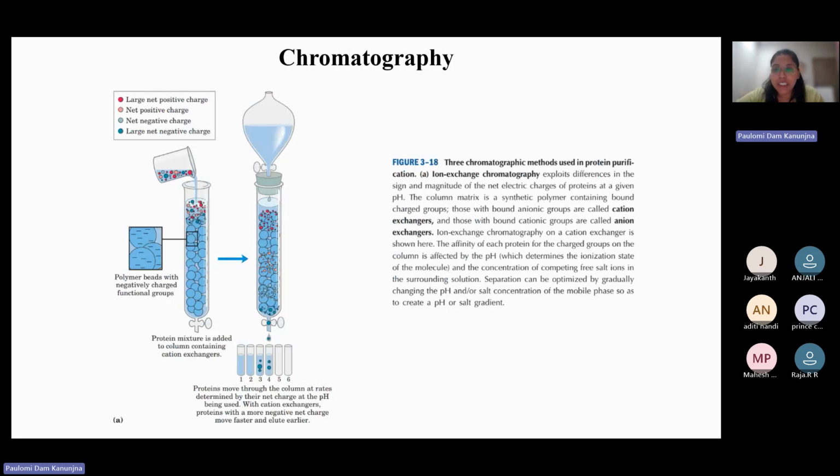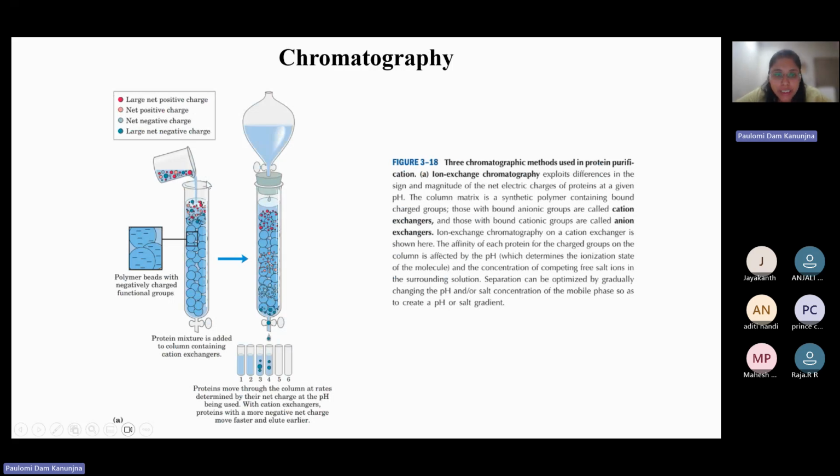So the first one, which you see here, ion exchange chromatography, is basically using the difference in the magnitude and the sign. Sign basically means either positive or negative electric charges. So you're using that characteristic of the proteins, or any compound, to separate them.